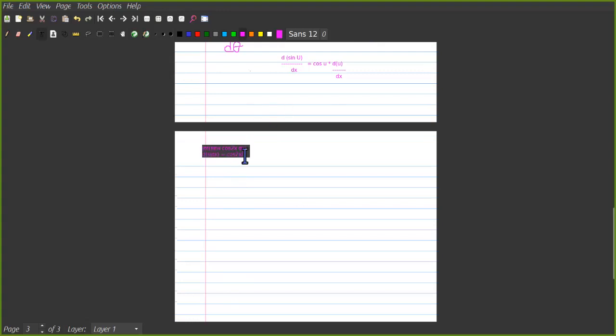And so we have the integral of sine x. We can take this out, only divide this by 2, and we have dx.